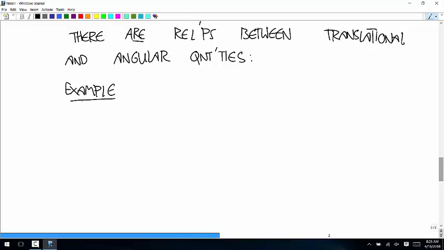Okay, so here's the example problem we're going to do. So let's say that there's a rigid body and it's rotating around an axis here.